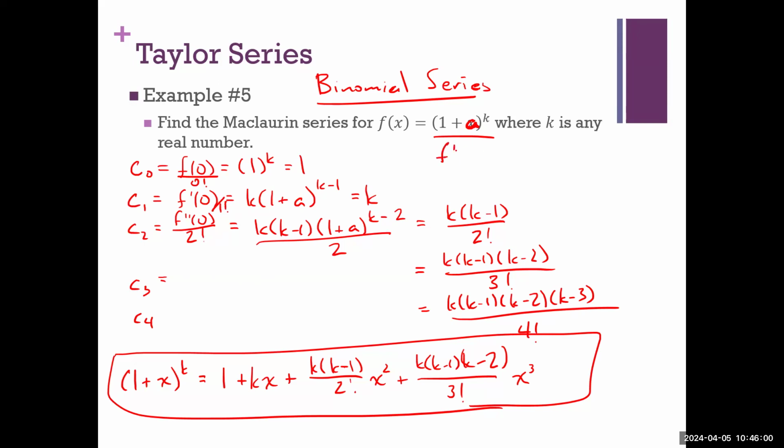What is the first derivative of 1 plus a to the k? k times 1 plus a to the k minus 1. Is that enough? Why not? Right, we need the chain rule. So what's left? Whatever the derivative of a is with respect to x.